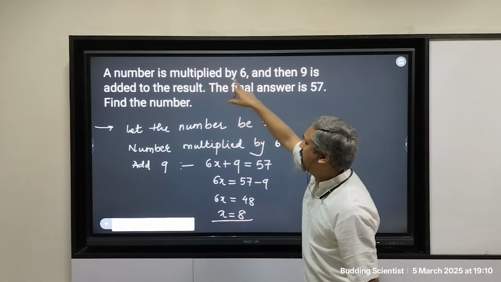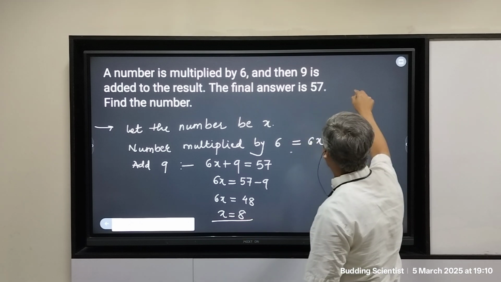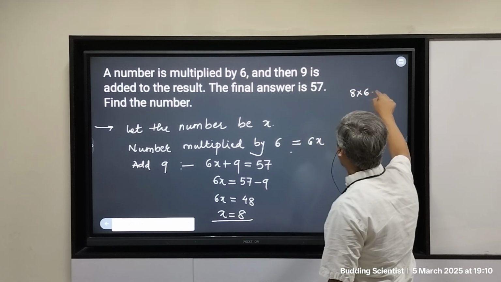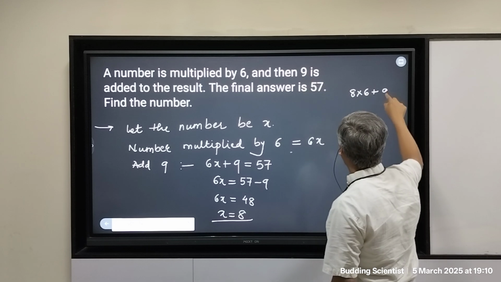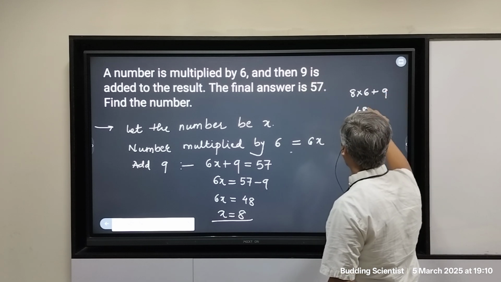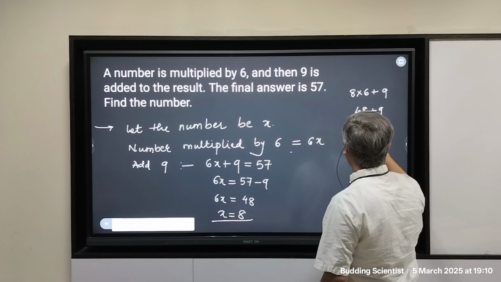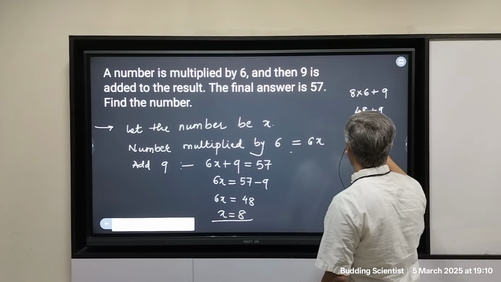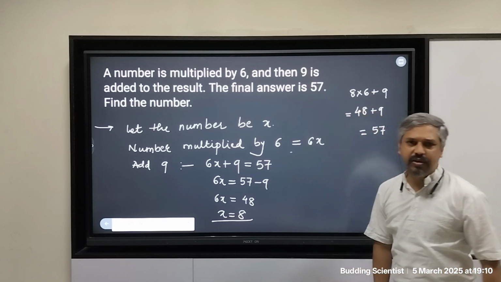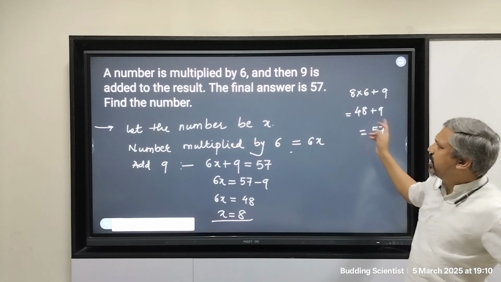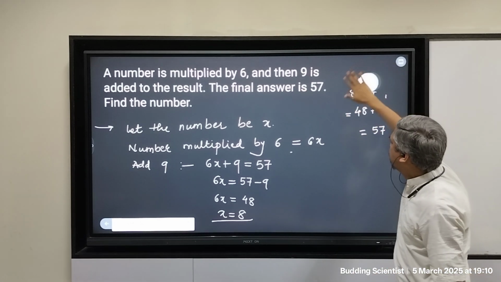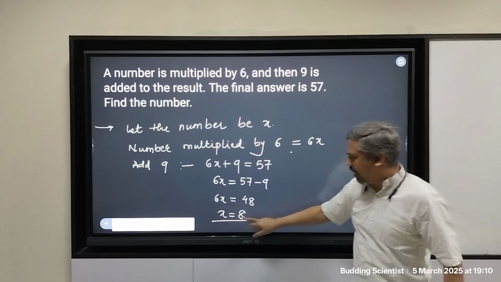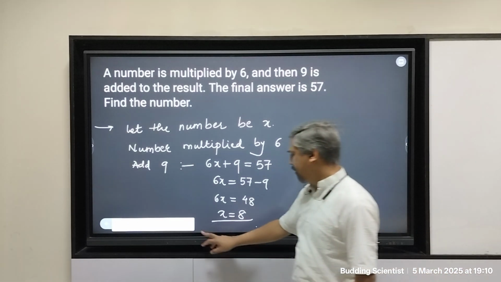The number is multiplied by 6, 8 into 6, and then 9 is added. So we get the answer 57. The answer is right. So we know that x is equal to 8 is the right answer.